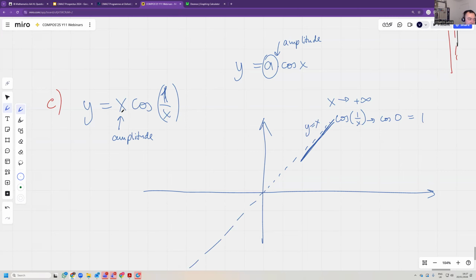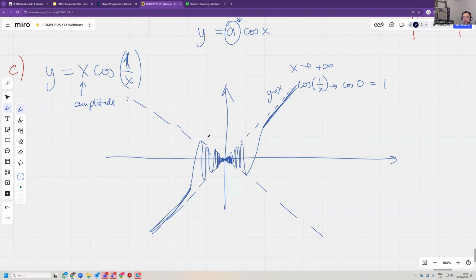Now it is an odd function because if you substitute -1, you will get minus that. So it's an odd function. So it goes like this. And then between, the graph should oscillate with an ever increasing frequency. Right, because as x tends to 0, cos 1 over x goes through many cycles.